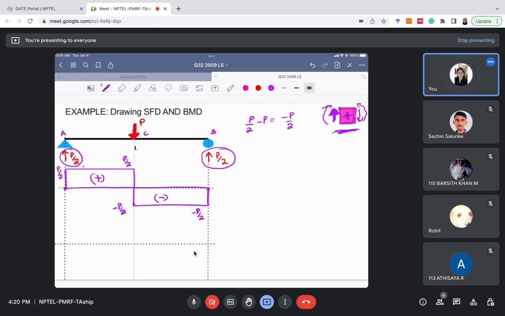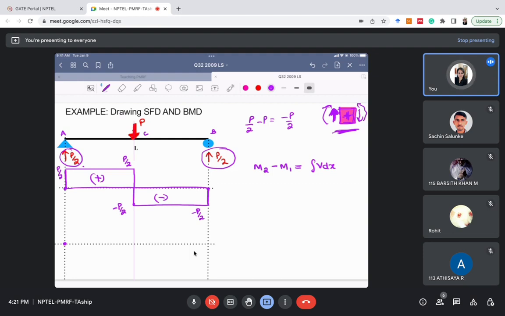Okay, so for the bending moment diagram, we'll use the formulas which I have discussed. M2 minus M1 equal to integral of V dx. This formula I have told you for drawing the bending moment diagram. See how we will use it. In this beam, we know that at section A the bending moment is 0.